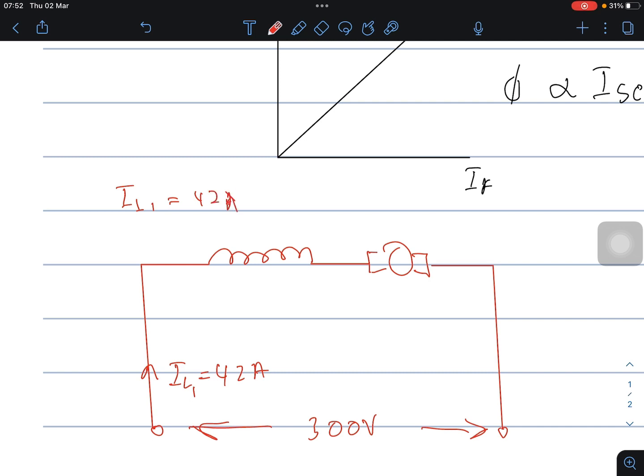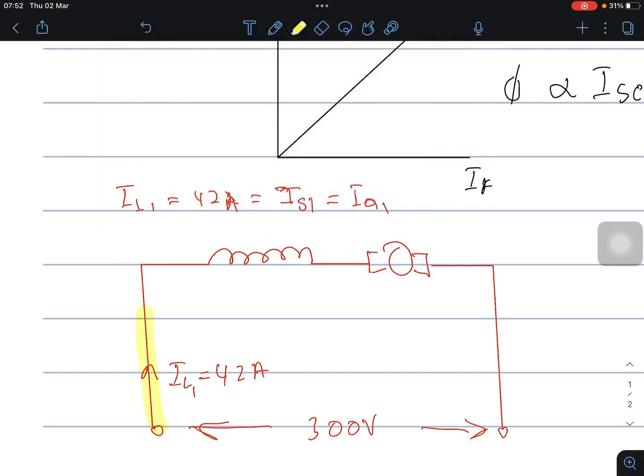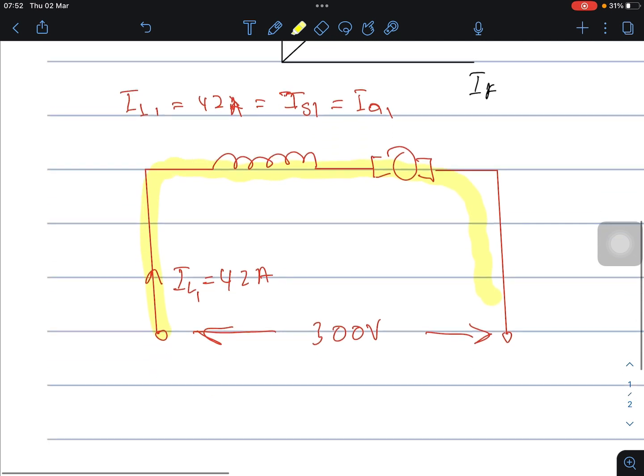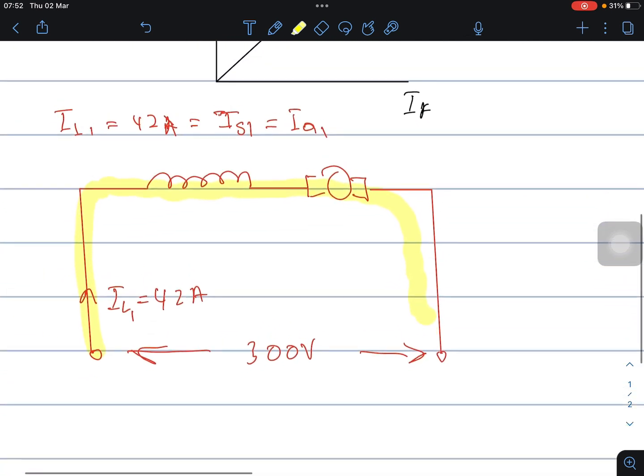In the circuit, IL1 is equal to I series 1, which is also equal to I armature 1, because the current does not split. There's no junction, it's only one loop.